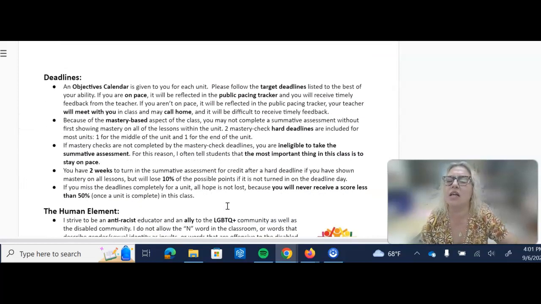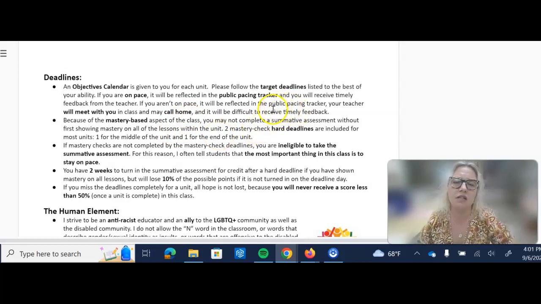Okay, deadlines. We've got that objectives calendar that you're supposed to be keeping a watchful eye on with all of your target deadlines, those suggested deadlines. The public pacing tracker is also a place that you can use to see what lesson you're on and to see if you are on pace, catching up, or ahead of pace.